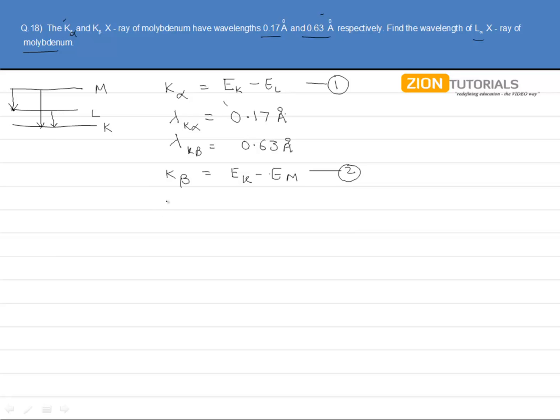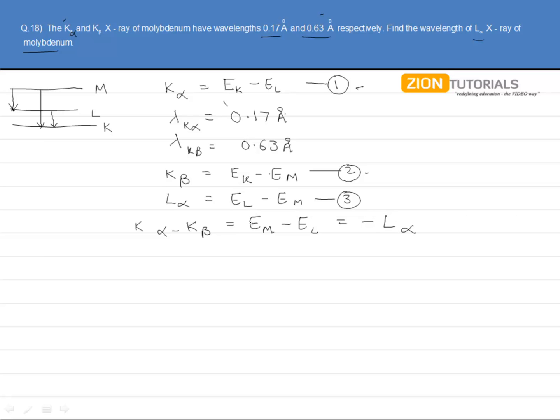We need to frame one more equation for the energy of L alpha transition. So we can write it as L alpha equal to energy of L minus energy of M, marking it as equation number 3. Now let us subtract equation number 2 from equation number 1, so that we get the expression K alpha minus K beta equals EM minus EL, that is minus of L alpha.